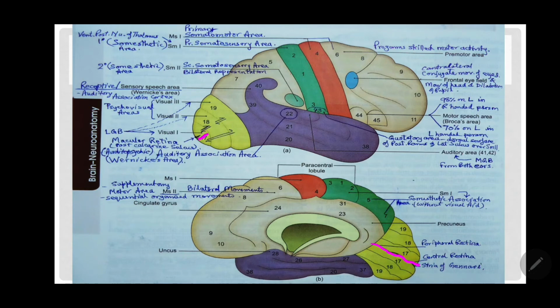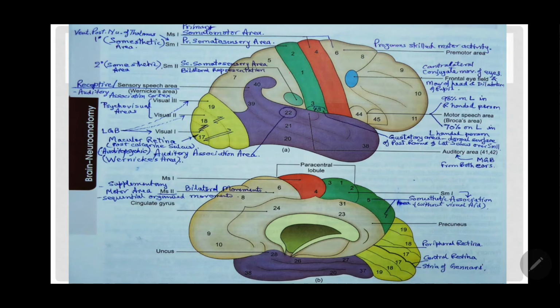Regarding the calcarine sulcus, the optic radiations from the LGB, the lateral geniculate body: 90% of the fibers from the optic tract relay into this LGB, and from there the fibers which reach the calcarine sulcus are called the geniculocalcarine tract or the optic radiations.